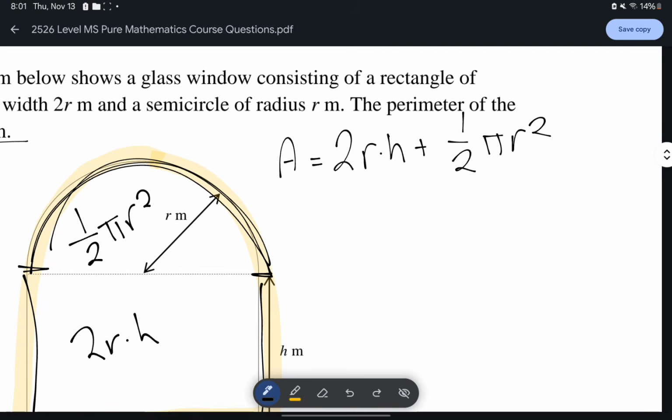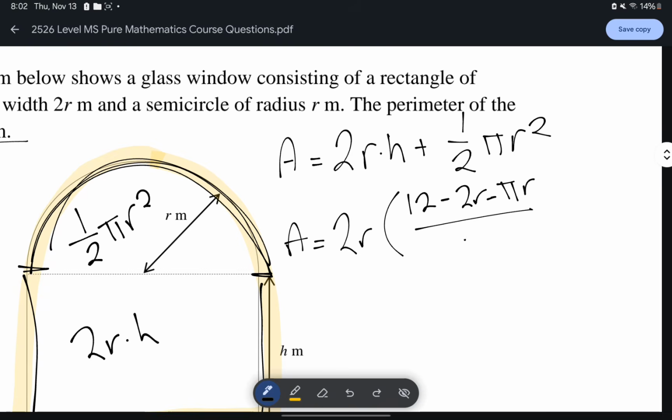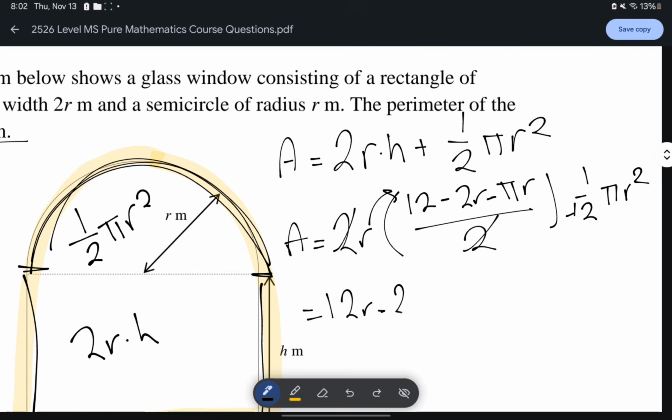Okay, so we'll substitute our height. So it's 2r times our height, we got 12 minus 2r minus pi r over 2, and then plus 1 over 2 pi r squared. Okay, so this 2 cancels out this 2, so we have r, we'll distribute it in, so it's 12r minus 2r squared minus pi r squared plus 1 over 2 pi r squared.